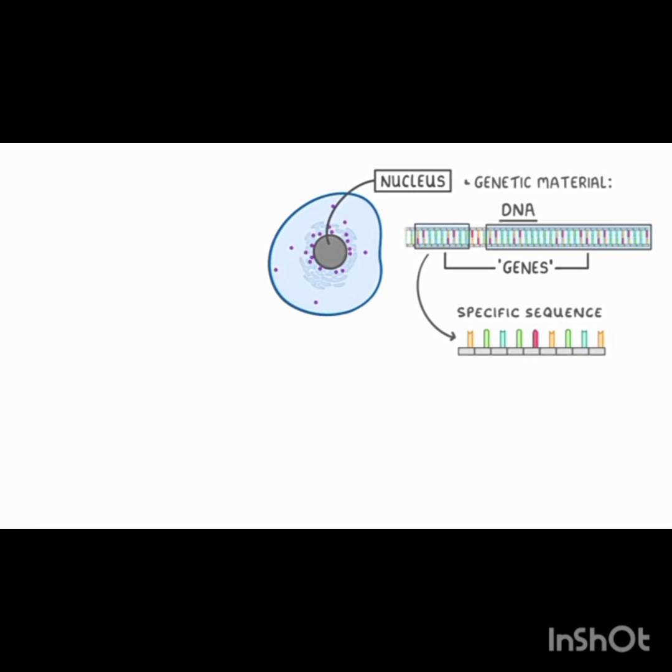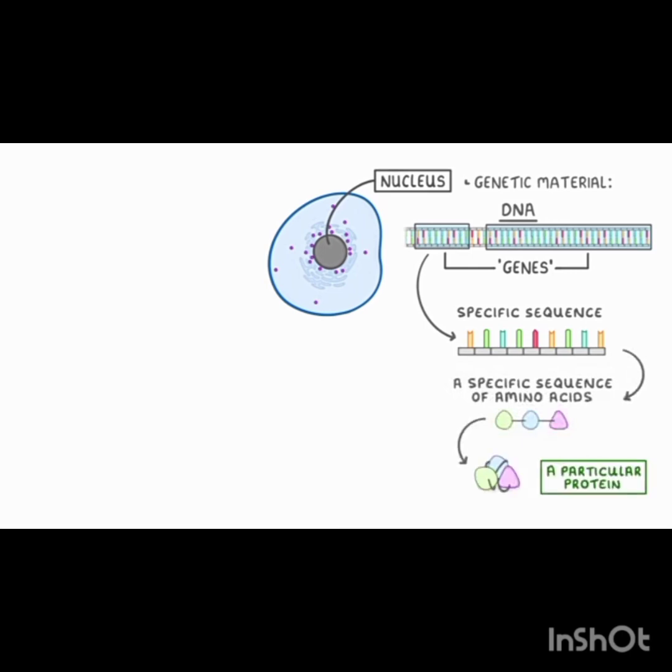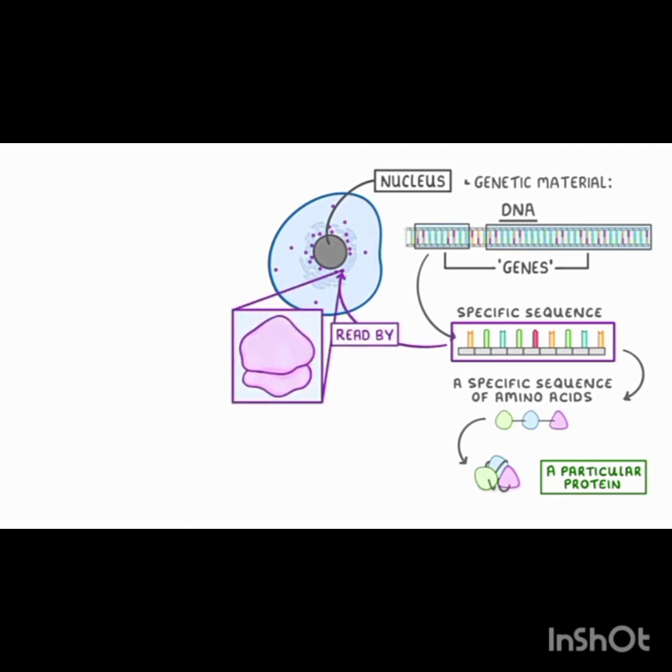These genes have a specific sequence, as we have known, of adenine, guanine, thymine, uracil, which are the bases or base sequences. To read this we need ribosomes, which are outside of the nucleus in the cytoplasm.